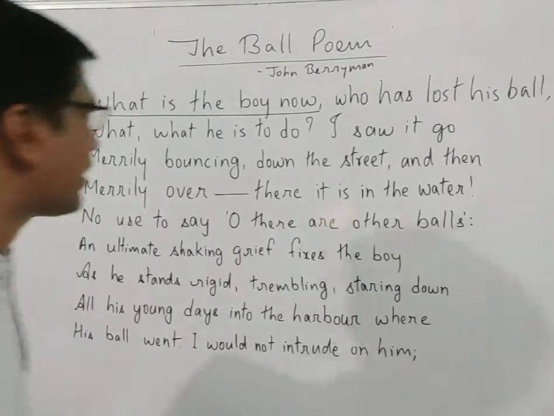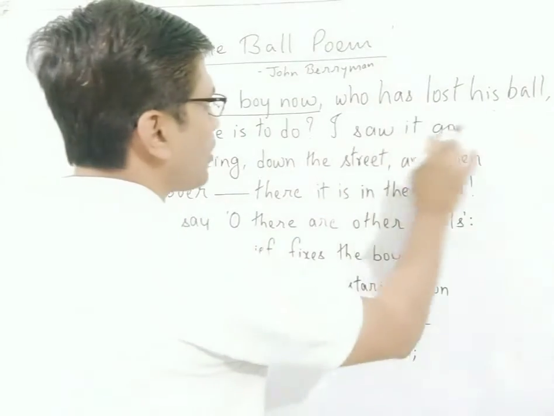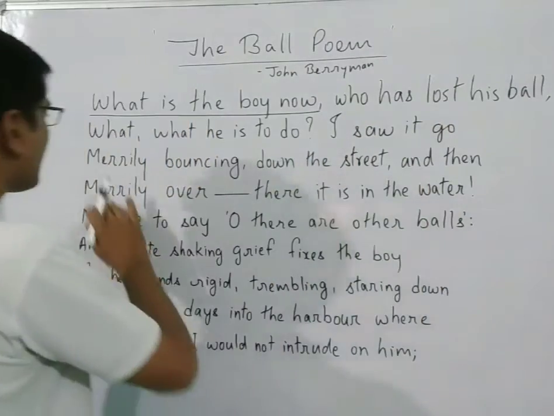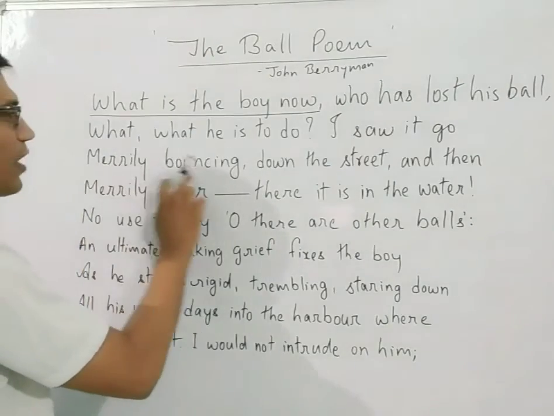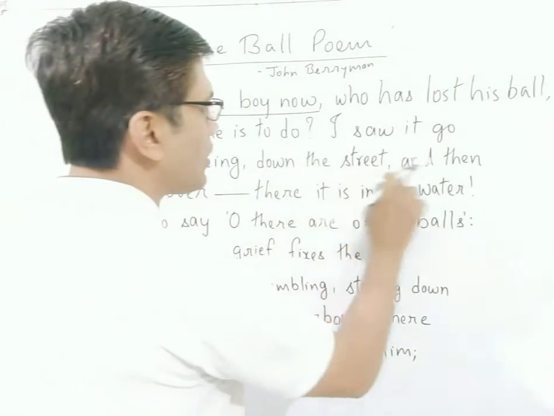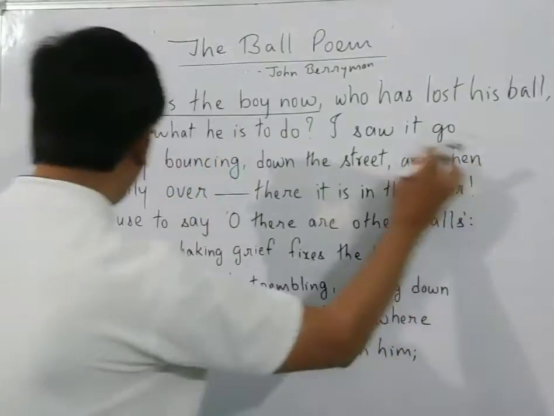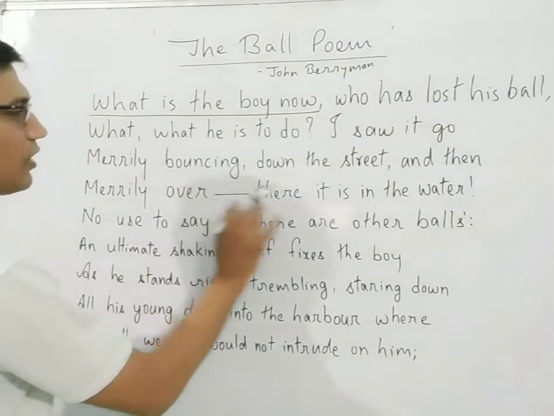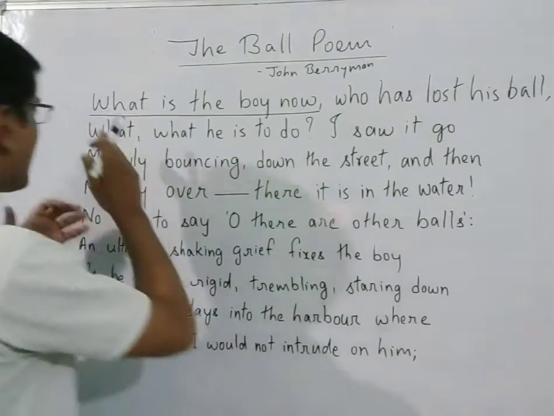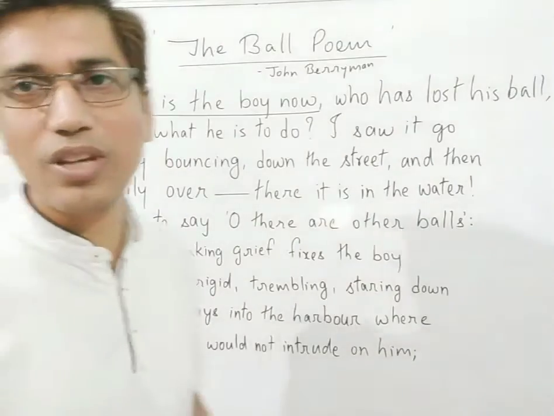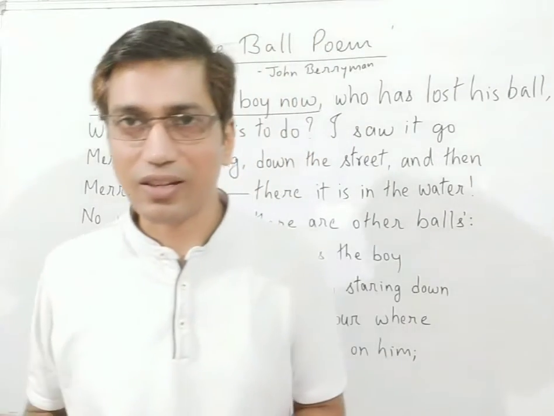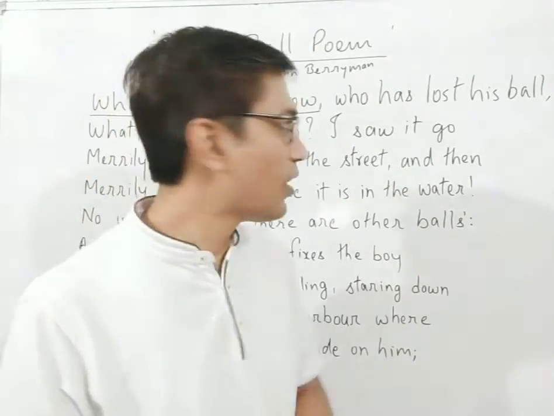Here you see the second line, "I saw it go," has no punctuation mark, and then the third line starts, "merrily bouncing down the street," and again no punctuation mark, "merrily over, there it is in the water." So two or three lines run without any punctuation mark at the end. That is called enjambment.